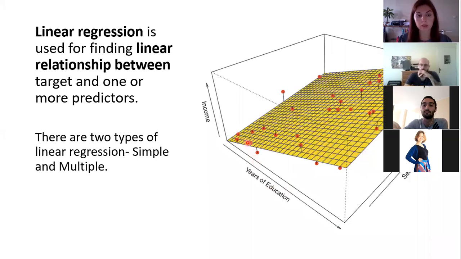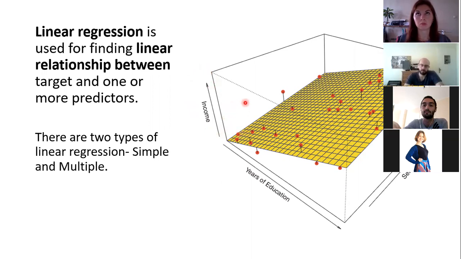We have several observations, our examples, our experimental cases, and we construct a plane here which describes the general relationship between these two predictors and the target.